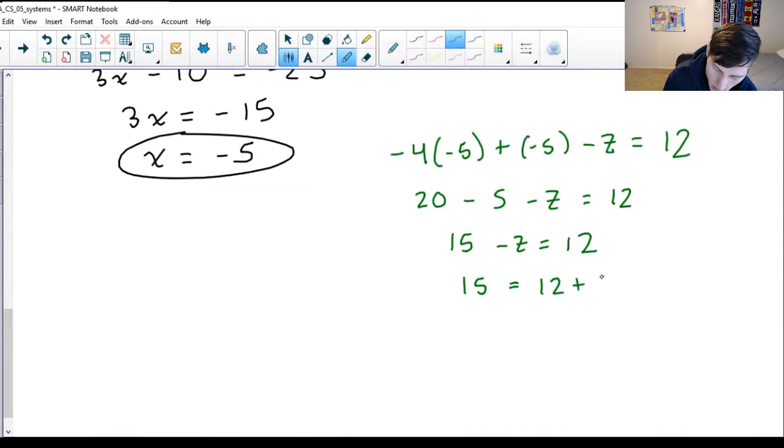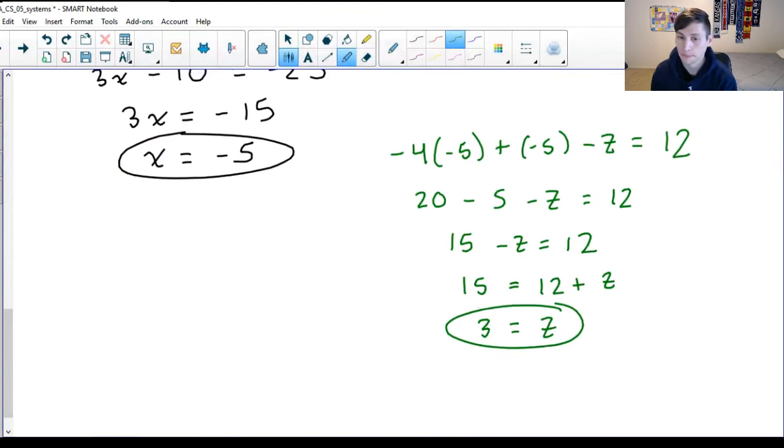Add z to both sides. Subtract 12 from both sides. 15 minus 12 is 3. So I have all 3 pieces that I need now. I have my x, my y, my z.